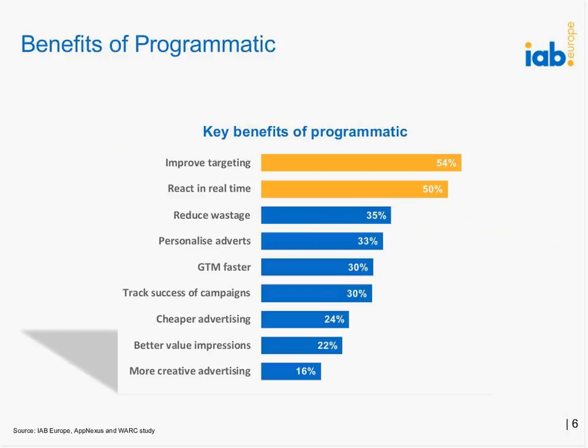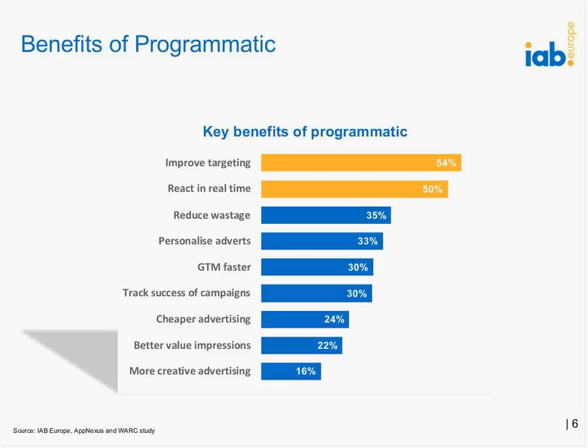So in the research that we did with Walk and IAB Europe and AppNexus, we looked at what people believe are the primary drivers behind programmatic and the key benefits of programmatic. And one question we asked was, what drives advertising performance? In industry, we talk a lot about creative, but in this piece of research, targeting came back as the primary driver of digital advertising performance, and the biggest benefit of programmatic is that it improves targeting.